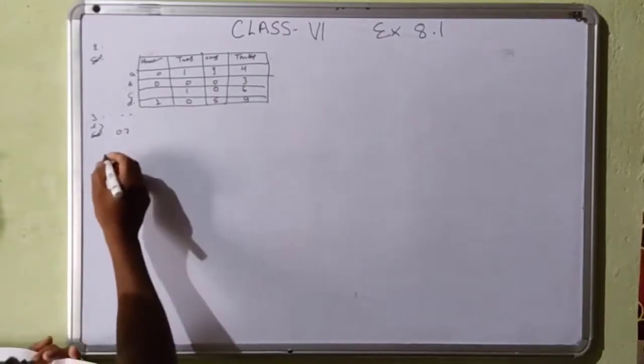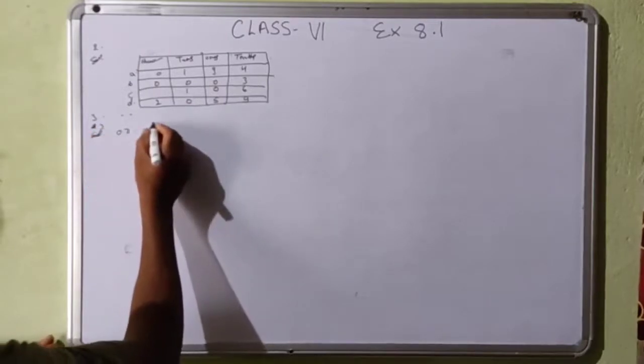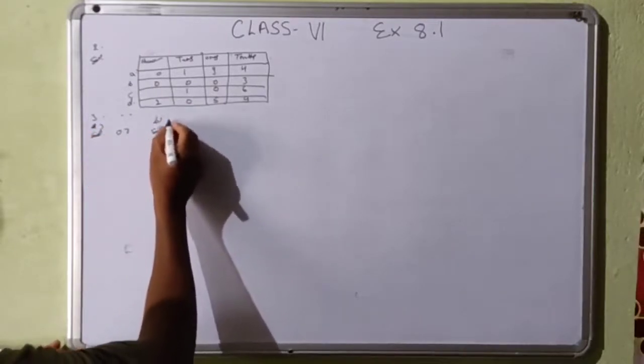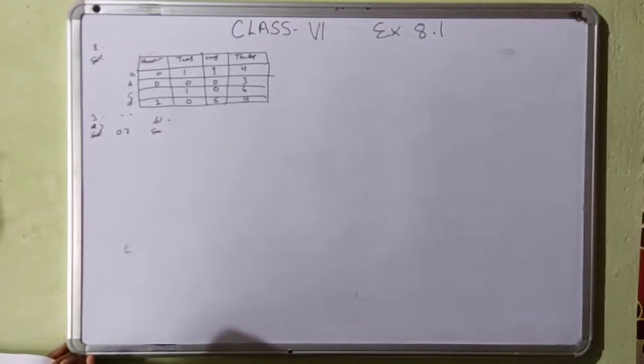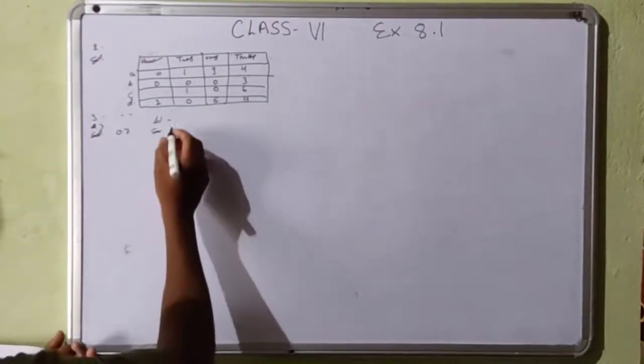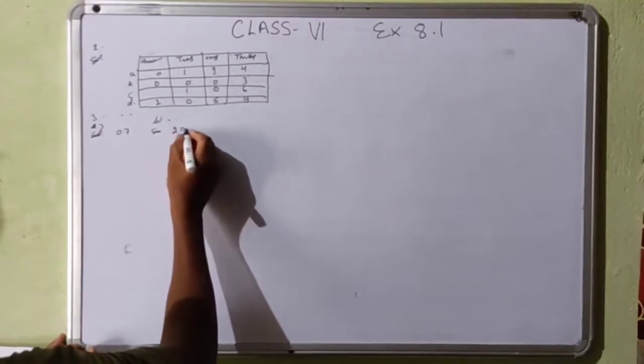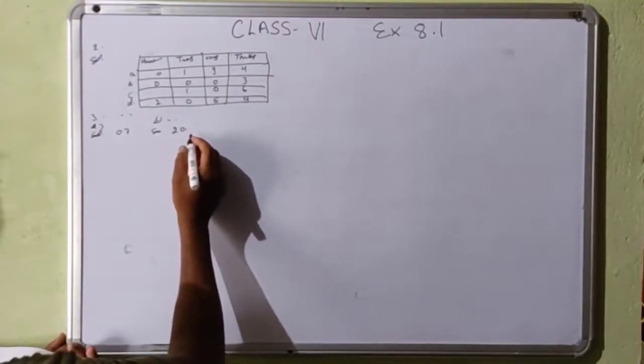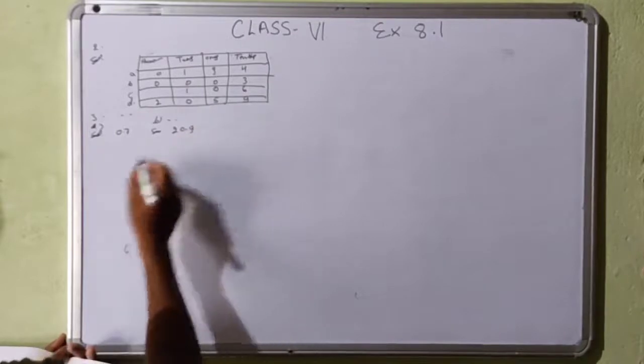That's the A part. B question is 210 and 9 tenth. So 210, and then 9 tenth means decimal 9.